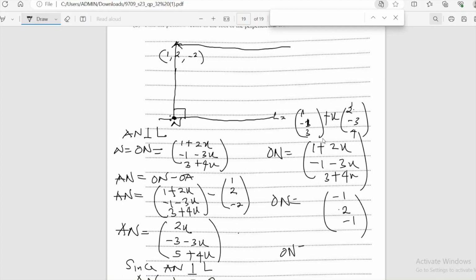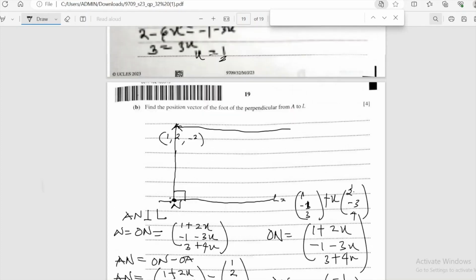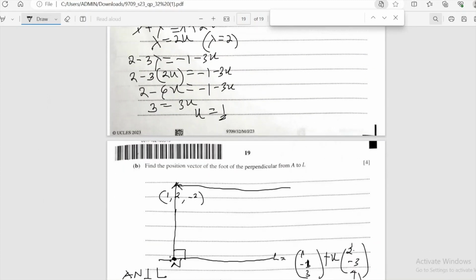So ON, the vector equation, will be minus i plus 2j minus k. Thank you. That's the solution for the second part.